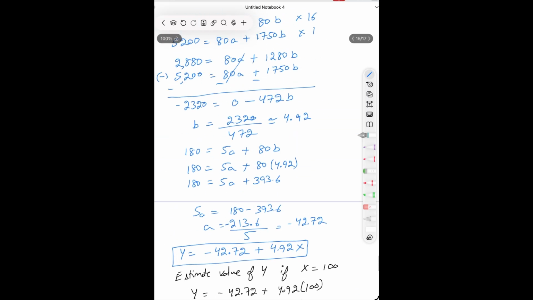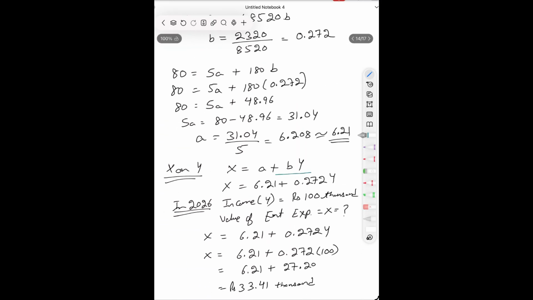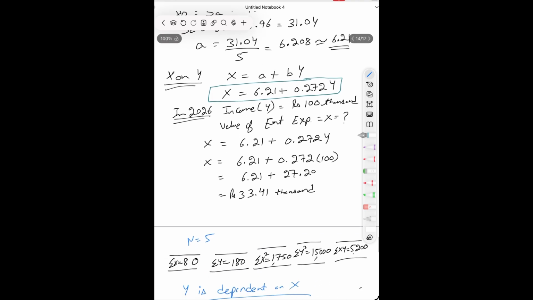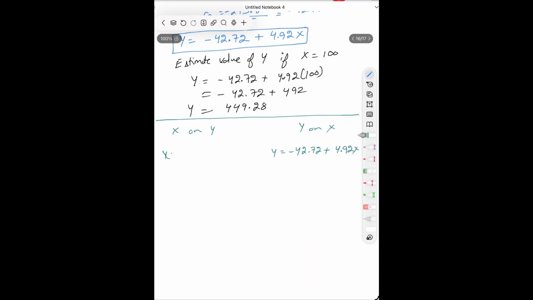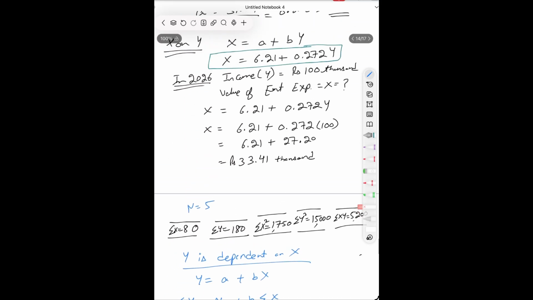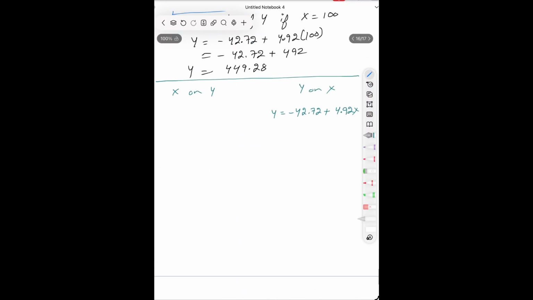And the regression equation of x on y, I will just copy the figure, because sometimes we might make a mistake, and put this equation here.